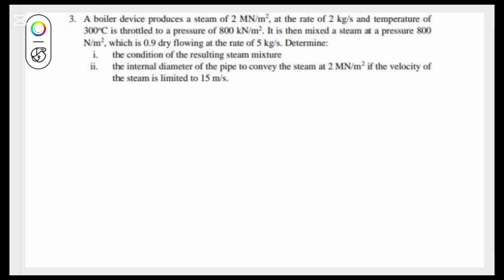The first thing I'm going to do is use two steams. The first steam, at 2 MN per meter square, I'm going to convert; it will become 20 bar.